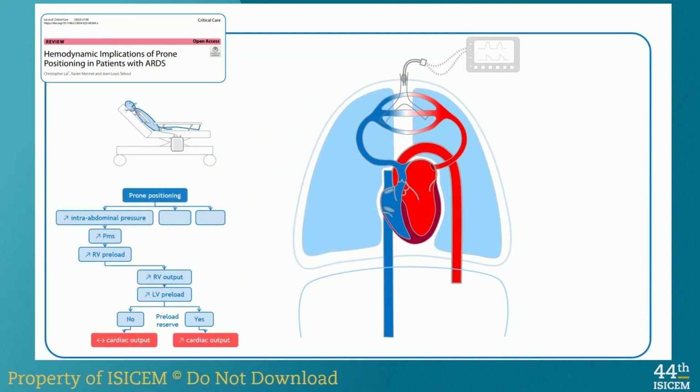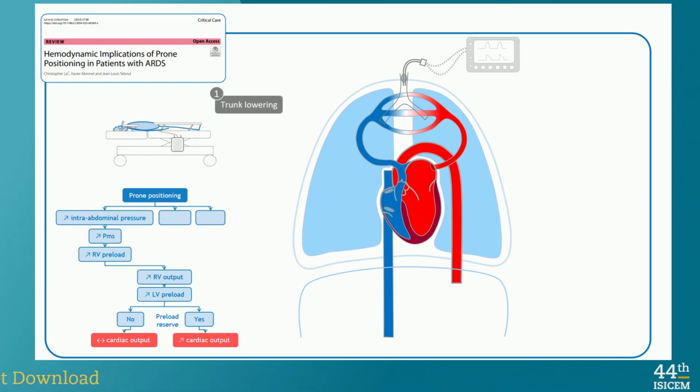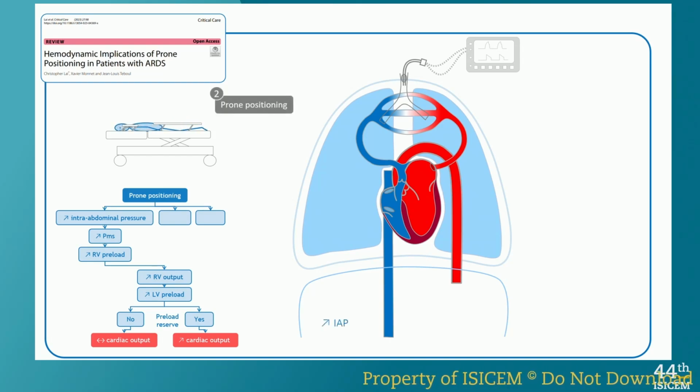And this increase in cardiac preload, in fact, is due to two things. The first is that you first lower the trunk, and we know that it transfers a significant amount of venous blood toward the cardiac cavities as demonstrated during passive leg raising. And the second effect, indeed, is that it significantly increases the intra-abdominal pressure, as just said by Professor Pinsky.